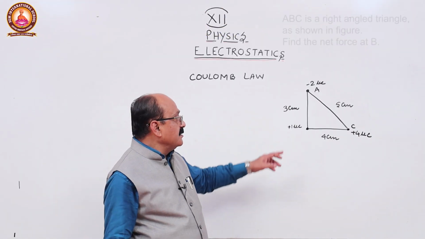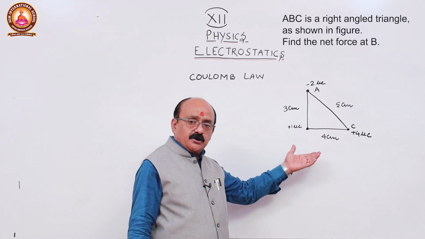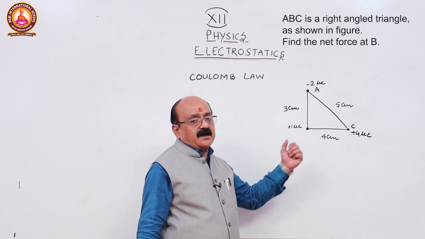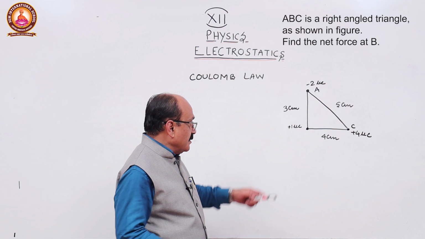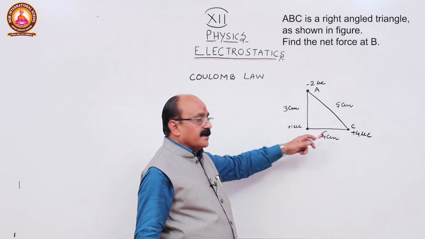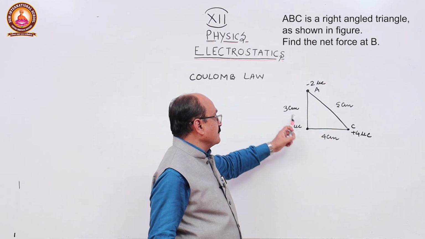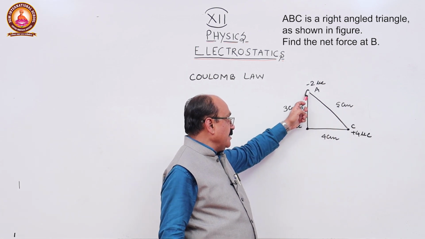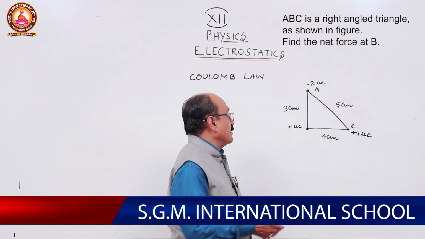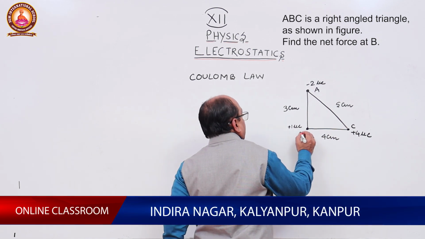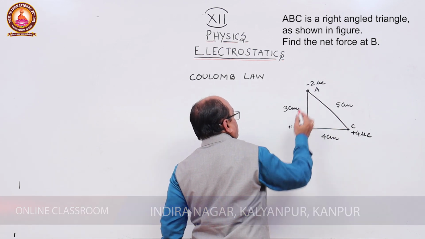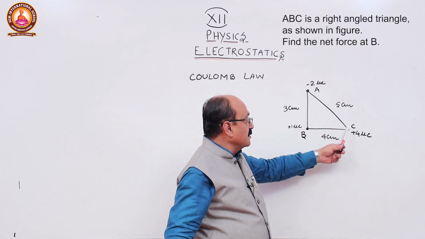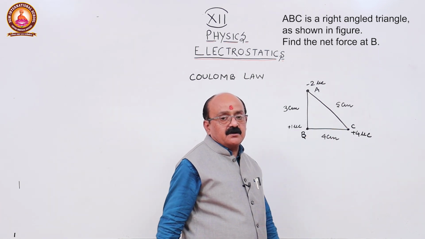Lastly, this is a numerical based on Coulomb's law with diagram. It is a right angle triangle having side 3, 4 and 5 centimeter. The charges on A, B and C are minus 2 microcoulomb, plus 1 microcoulomb and plus 4 microcoulomb.